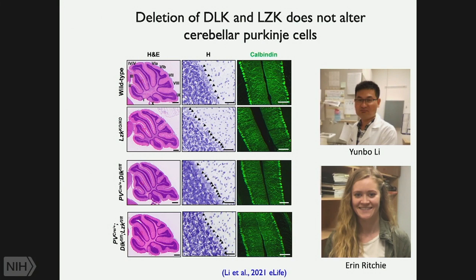But they focused on the cerebellum, the Purkinje cells, because we have colleagues to help us learn the mouse anatomy. Suffice to say, after making a conditional knockout of DLK and LZK and a double, the cerebellum developed quite normally. Purkinje cells are very happy. There are no defects we can detect.